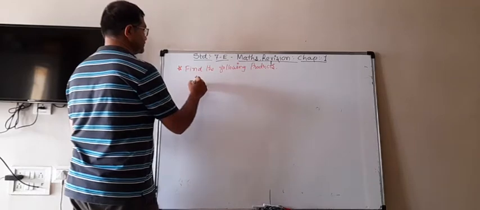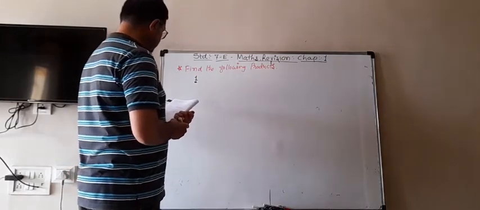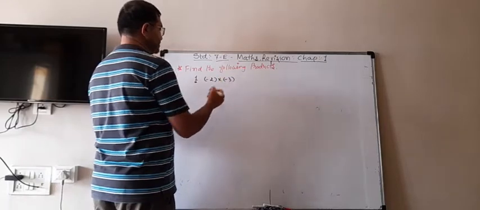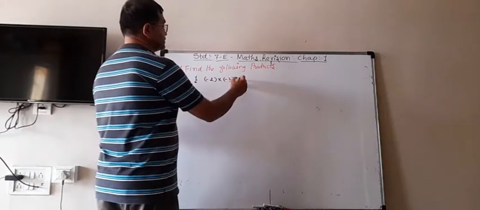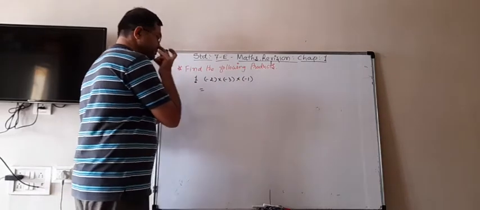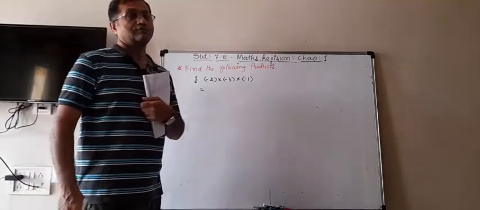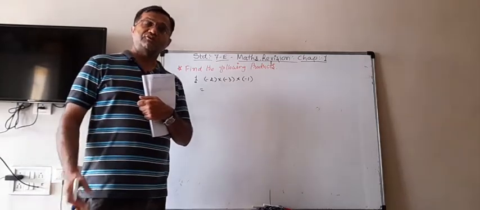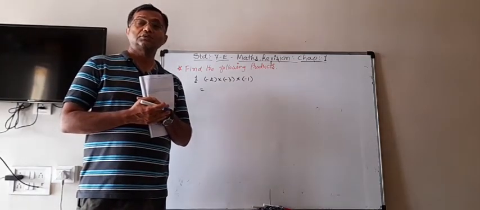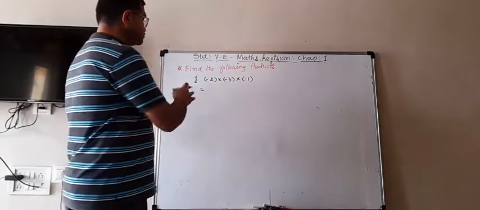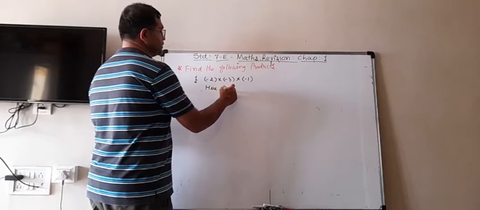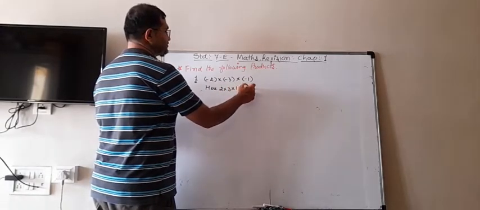First one, minus 2 multiplied by minus 3 multiplied by minus 1. Here we can multiply first without sign. So 2 multiplied by 3 multiplied by 1 is equal to 6.